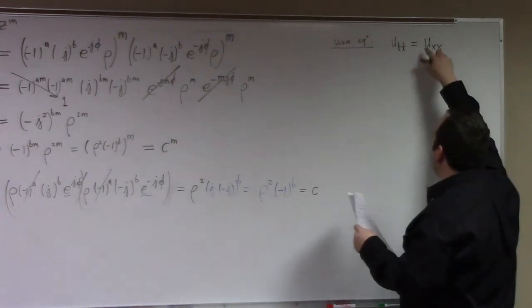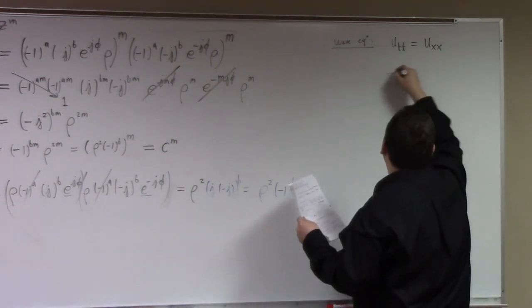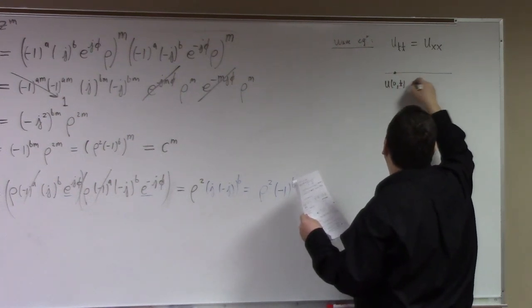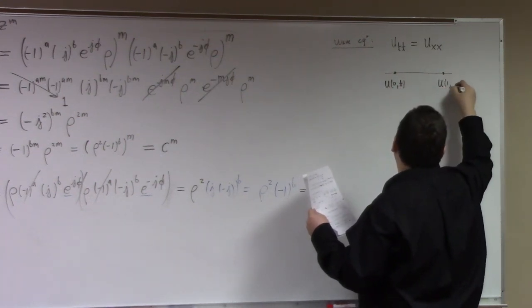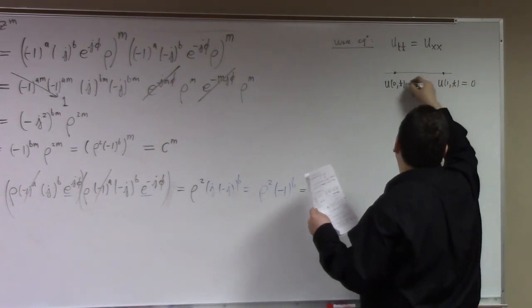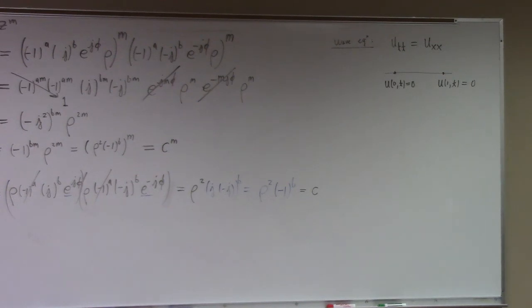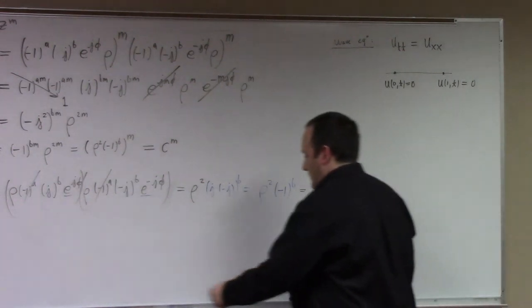So let's try to solve this subject to the boundary conditions that u(0,t) and u(1,t) equal 0. So the fixed endpoint conditions for the wave equation. All right? You guys know the usual song and dance. We propose a product solution.